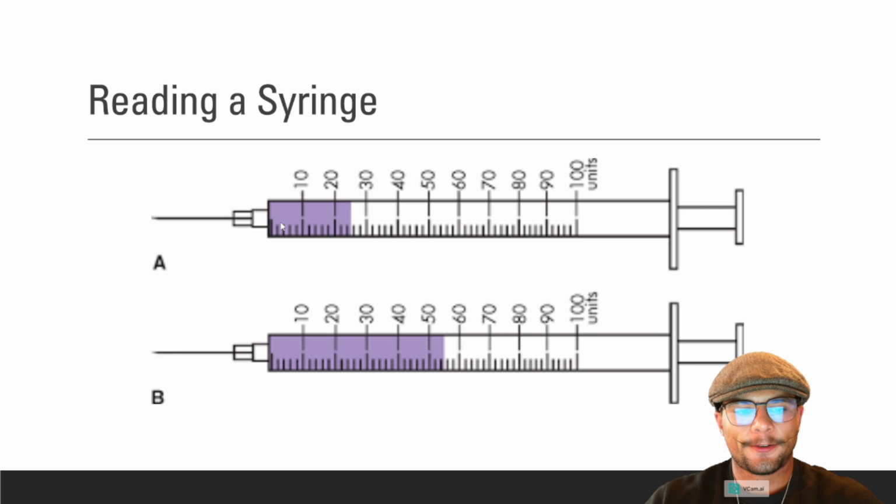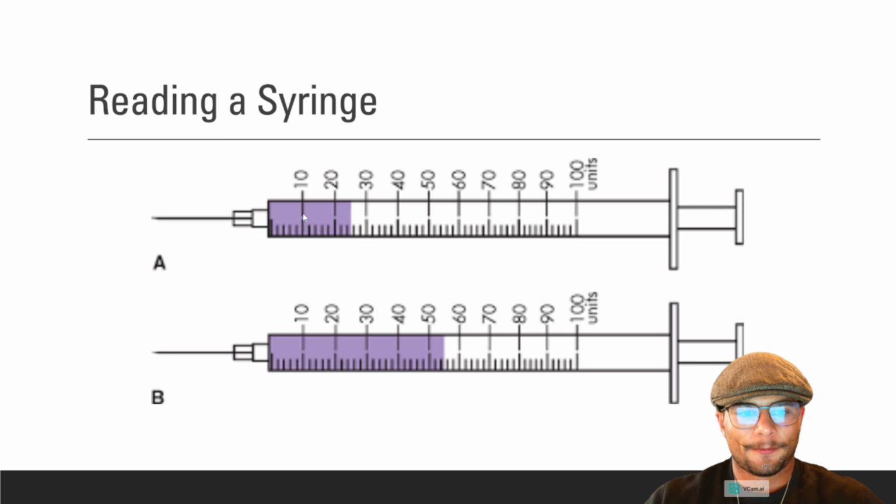So this is 2 units, 4 units, 6 units, 8 units, and 10 units, going on 12, 14, 16, 18, 20 units. Now, when talking about milliliters, this whole thing is typically 1 milliliter. There are syringes that can hold 3 milliliters or even 10 milliliters, but hopefully you will not be injecting that much at one time.